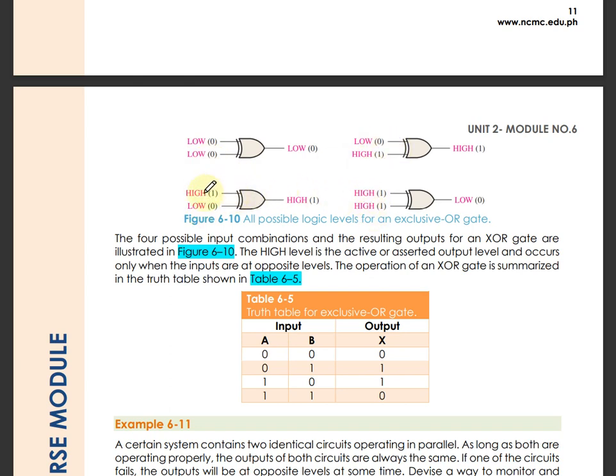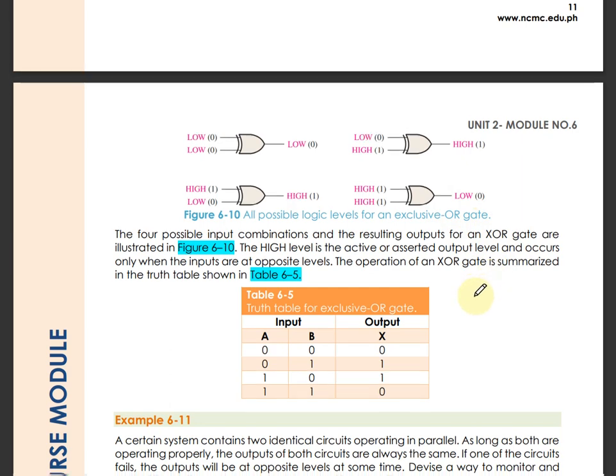Unsa ganito, basta opposite ang ilahang inputs, just like this one, high and low, it will result to a high output, no? The same with low and high, so ang iyahang output kay high. And if the same naman ang ilang inputs, then it will result to low, no? The same po dani sa high and high, low iyahang output.